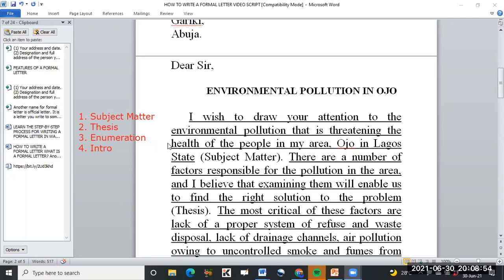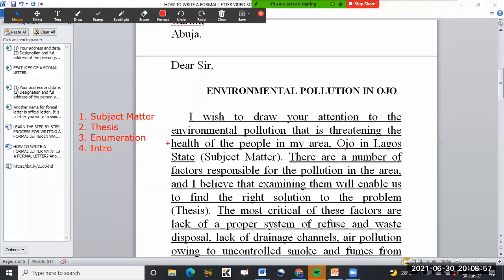I write to, that is exactly here. I wish to draw your attention, or I write to draw your attention to the environmental pollution that is threatening the health of the people in my area of Ojo in Lagos State.